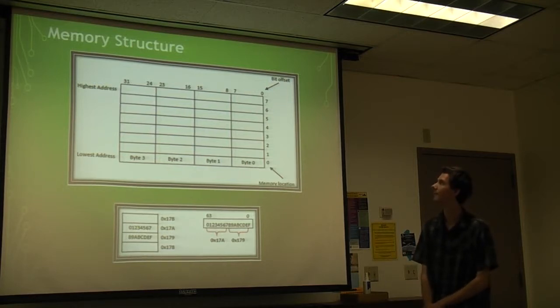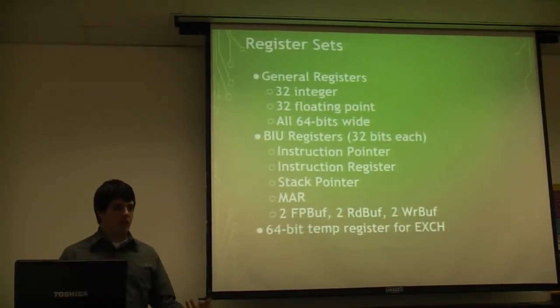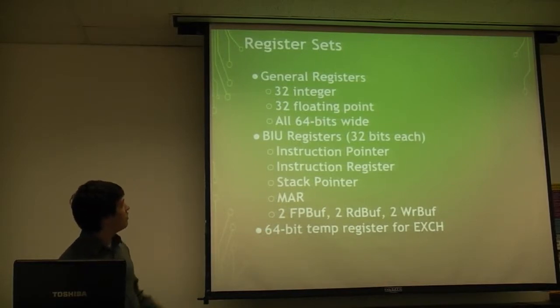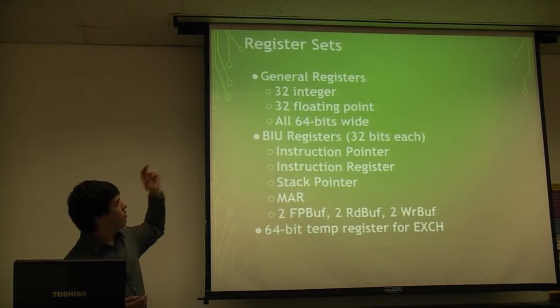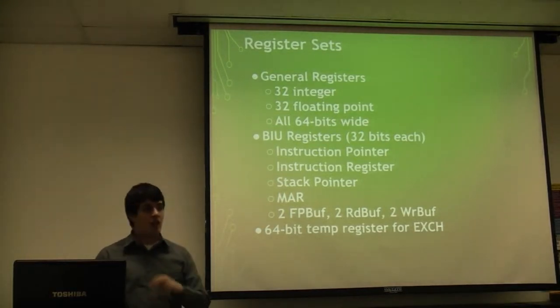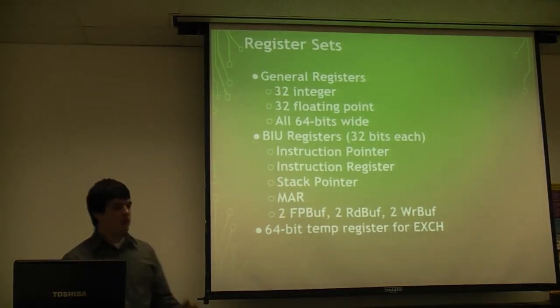All right. So now we also have some basic sets of registers in our processor. We have two sets of 32 general purpose registers. One set for the integer data path, another set for the floating point data path. All of them are 64 bits wide.